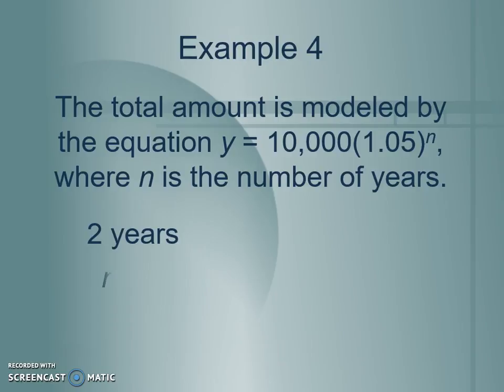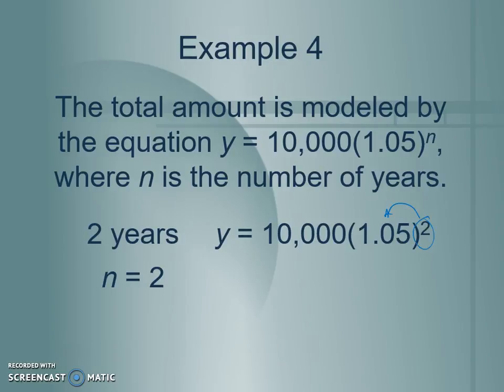What about after 2 years? Well, we'll take 2 for our n, punch it in our calculator. Remember, we do our exponents first, so take 1.05 to the second power first, and then multiply it by 10,000, we'll get $11,025.